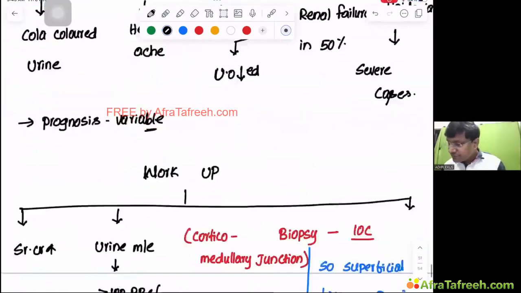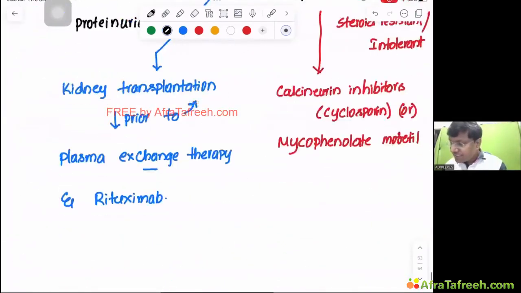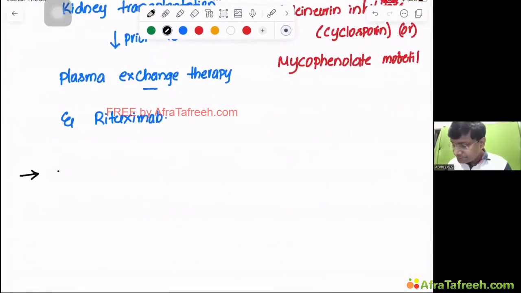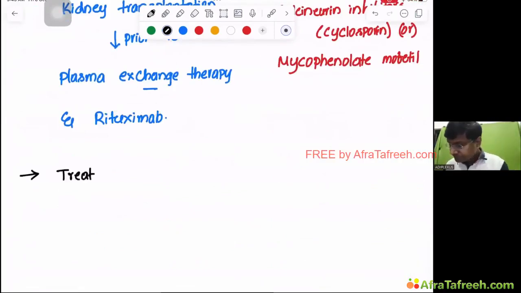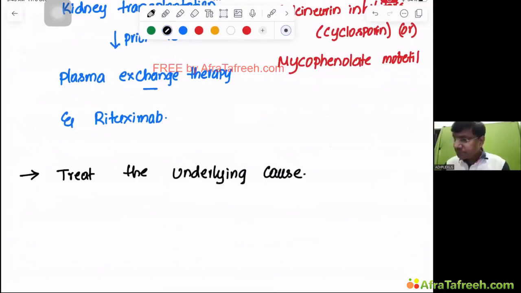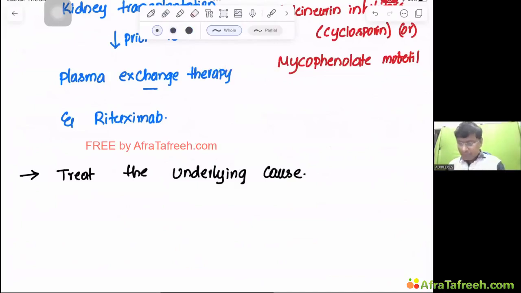So for secondary FSGS, you need to treat the underlying cause. So this is about focal segmental glomerulosclerosis.